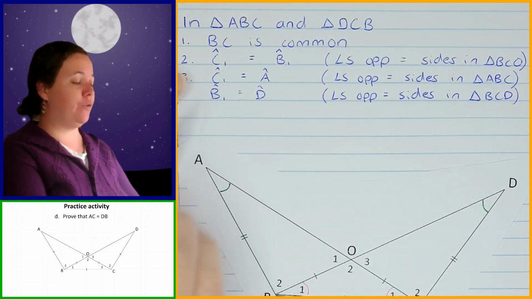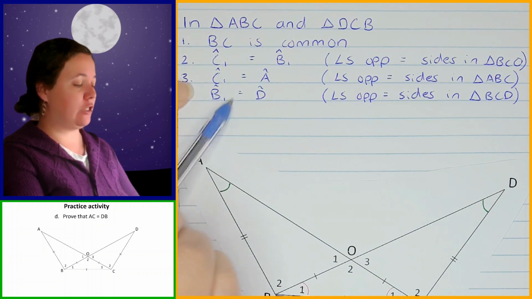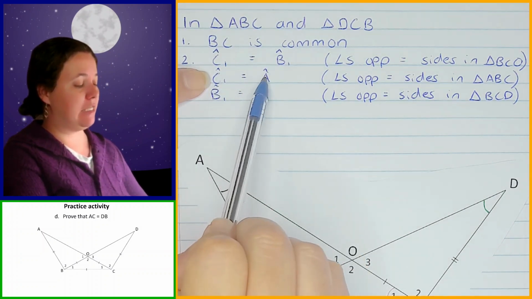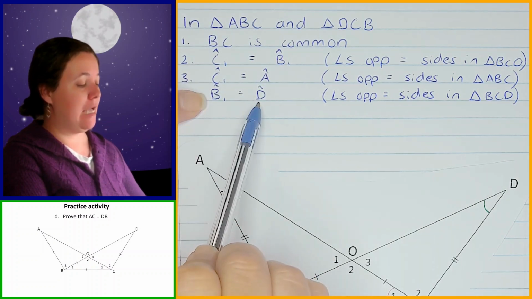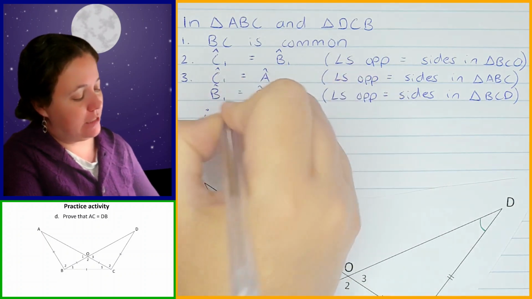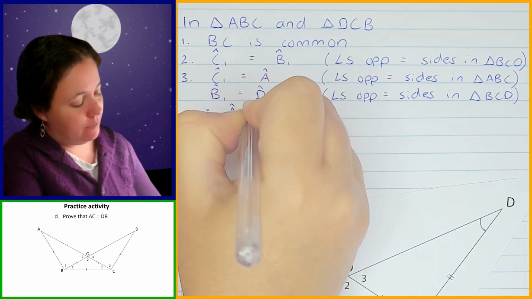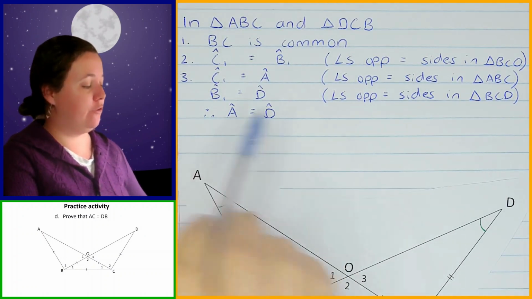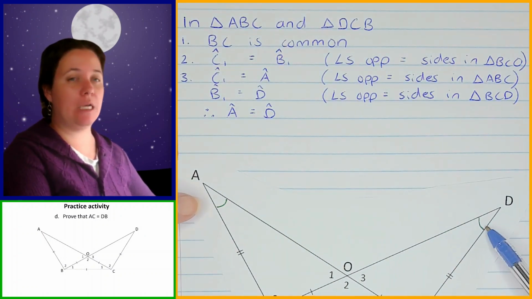Now, because I already said that these two angles are equal, angle C1 is equal to angle B1, if angle C1 is equal to A and if angle B1 is equal to D, then I can say, therefore, A must be equal to D.